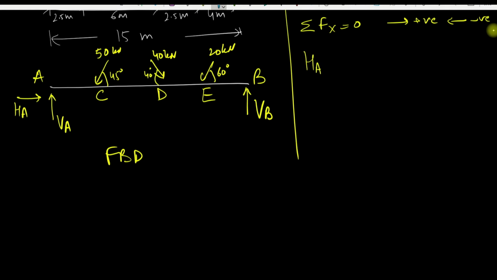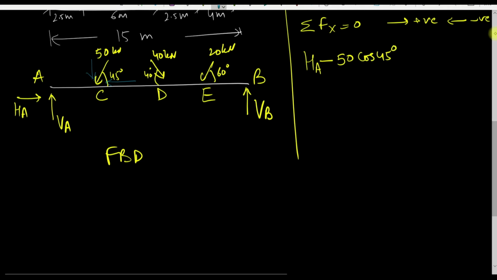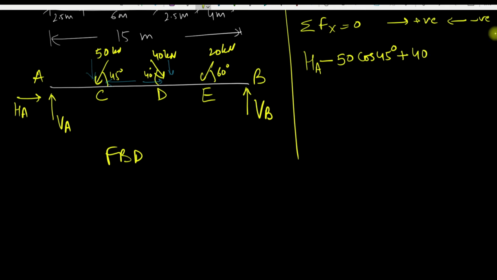HA is positive. The component of 50 load will act like this, so it is going to act in negative x direction. So I will write the equation as minus 50 cos 45 degree. The 40 component will act in positive direction, so I will write plus 40 cos 40 degree, and then this 60 component will be in negative direction, so minus 20 cos 60 degree.